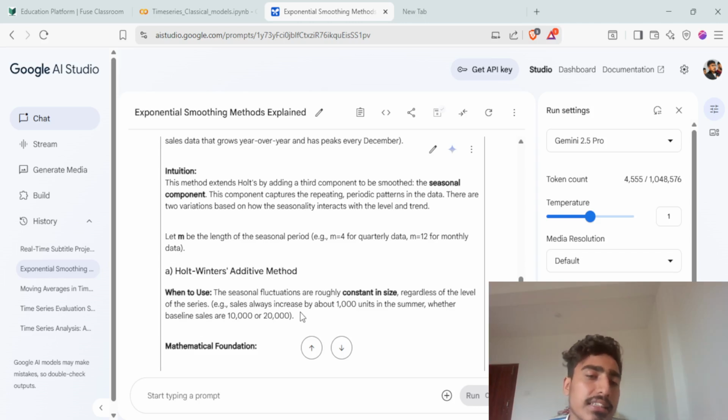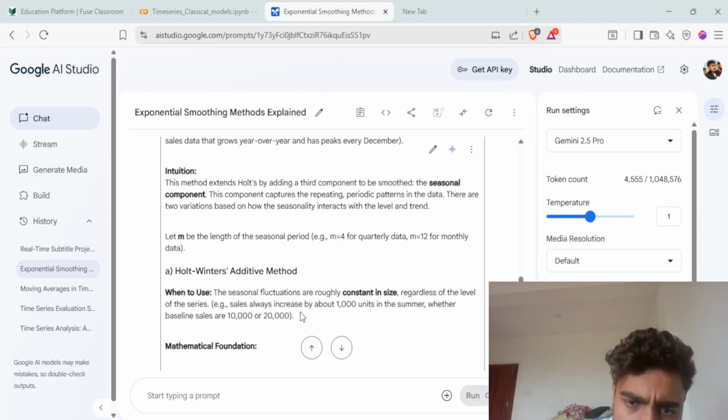In that scenario, the Holt-Winters additive model works well. Otherwise, you can use the multiplicative model, which generally works for proportionality. The drawbacks of the additive model are covered by the multiplicative method.